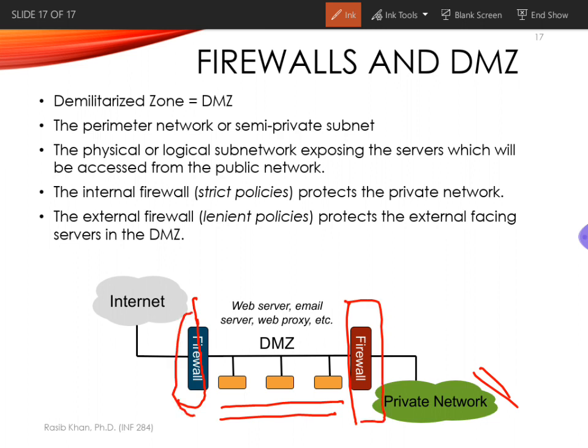And then we have a part that is allowed by the external firewall into the semi-private zone, so that people who are on the internet can still access some services that we are offering in the semi-private zone. So this part is called the demilitarized zone, which is the perimeter network in most cases. And inside the perimeter network, we have our private zone that we are completely protecting from the external access.